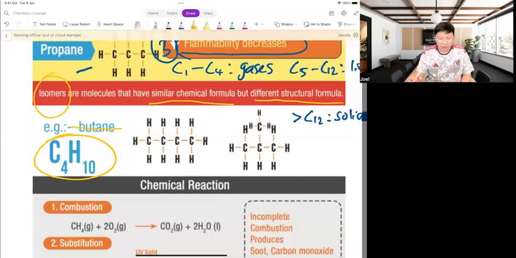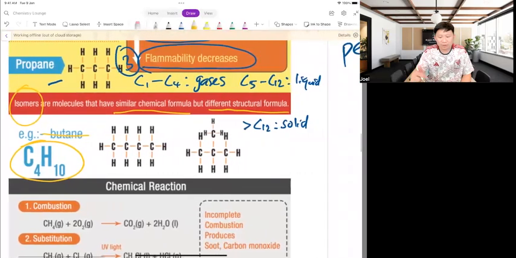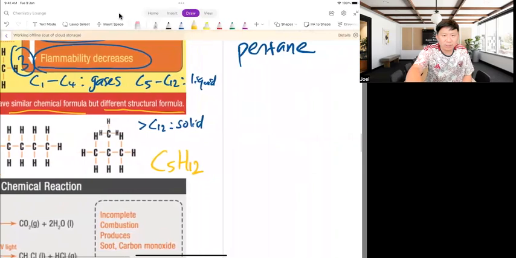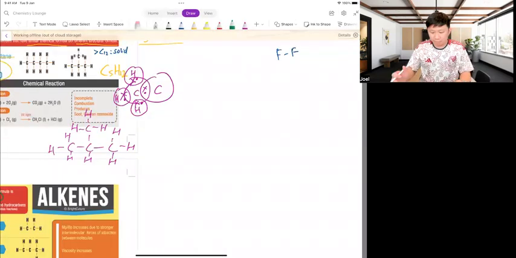Okay, so remember 2-3 weeks ago, I asked you to draw the isomers of C5H12. Sorry, not C5H10. C5H12. How to draw? Can all of you try now? Draw the isomers of C5H12, meaning different structures of the 5 carbon atoms arranged differently.